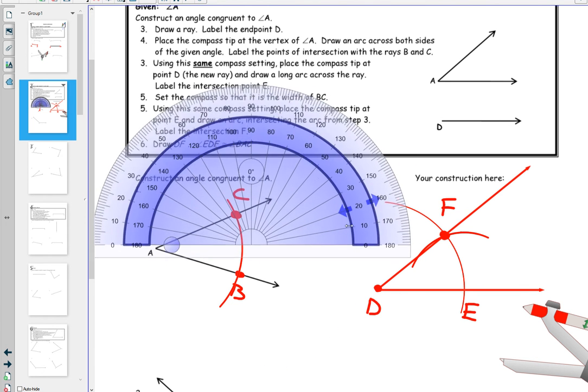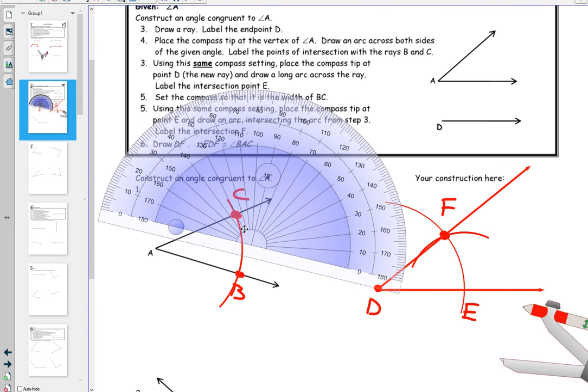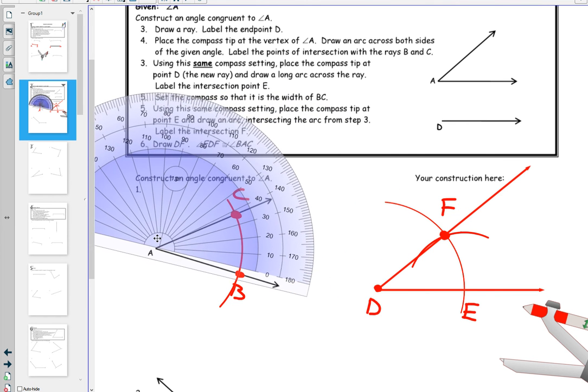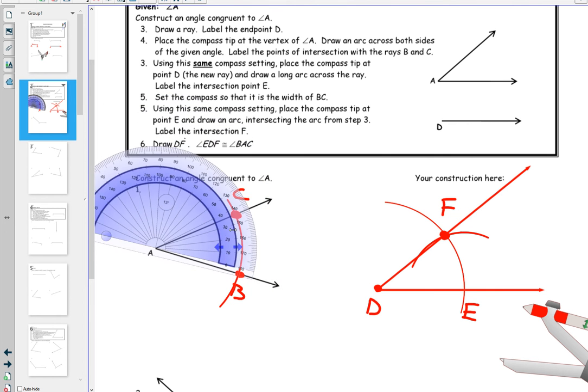Turn this thing. Whoa, that's a big protractor. There we go. That is technology. That's huge.